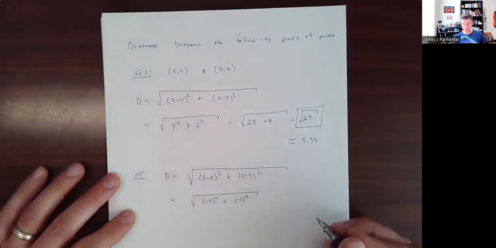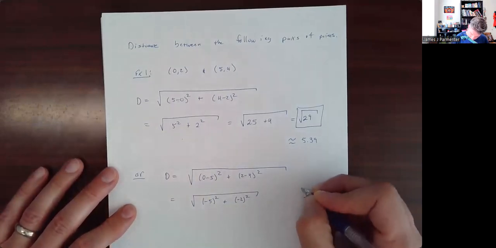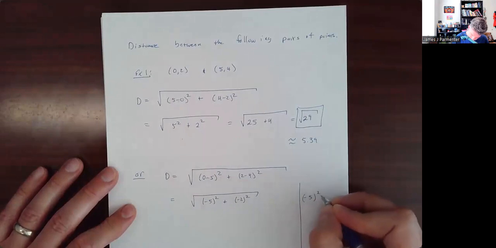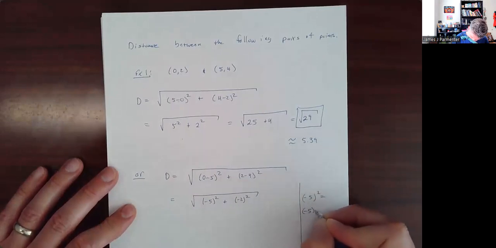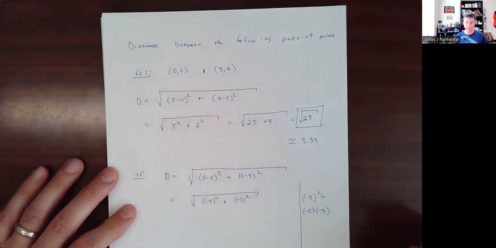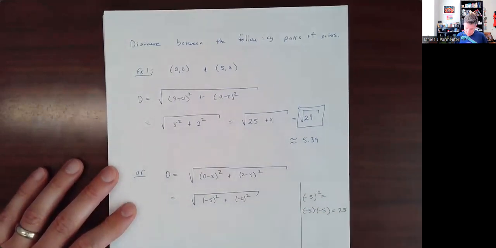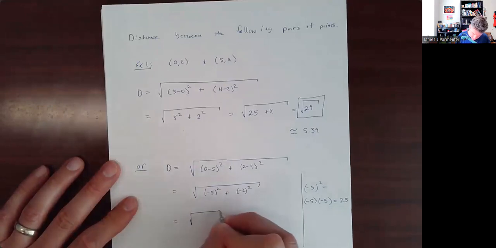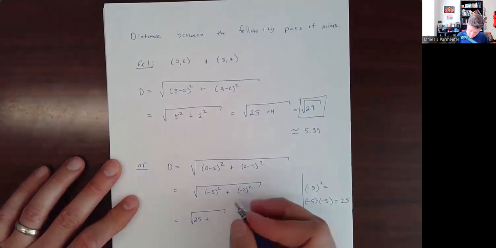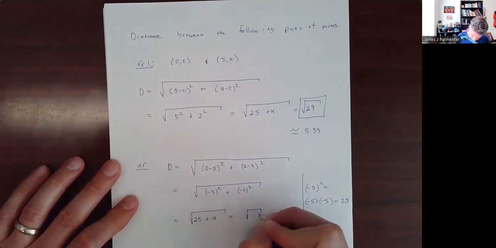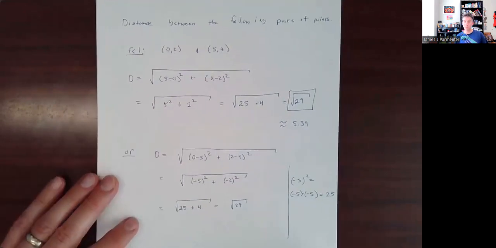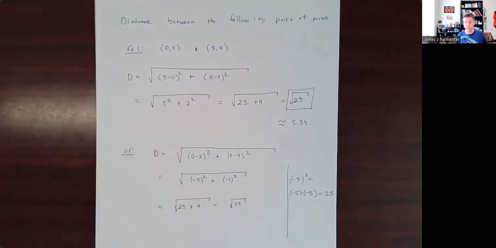Negative 5 squared really means negative 5 times negative 5. And a negative times a negative is a positive. That's going to be positive 25. So here we get the same thing. We get the square root of 25 plus negative 2 squared is positive 4. And that's still the square root of 29. So it doesn't matter which order you subtract things in, you're still going to get the right answer either way, as long as the other work is correct.